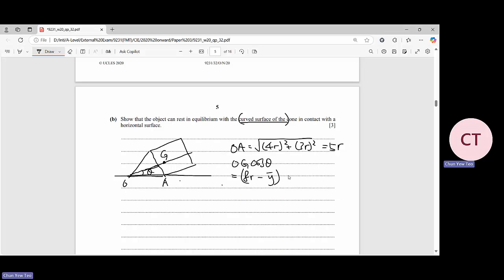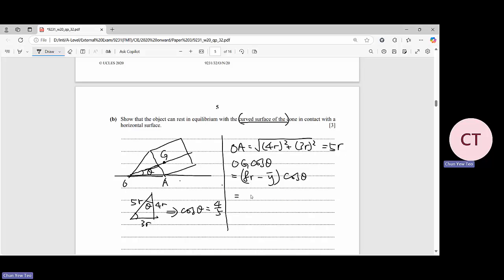And then cos theta. So what is cos theta? Over here, because the theta that we have, this is a 4R, this is the theta, this is the 3R, this is the 5R. So the cos theta from here is actually 4 over 5.